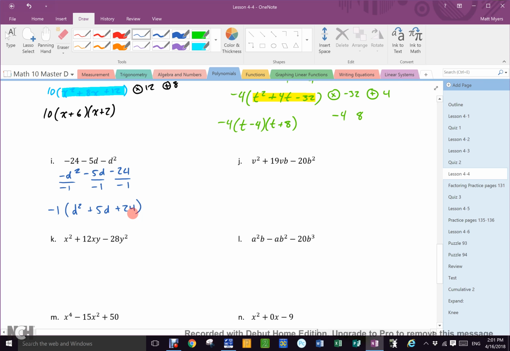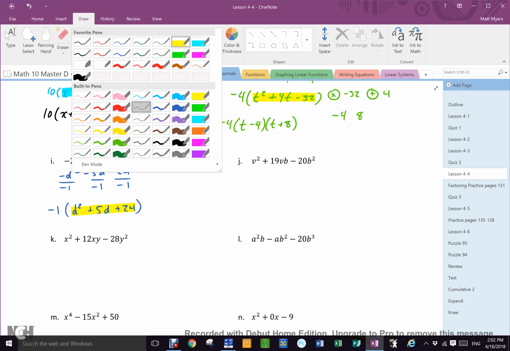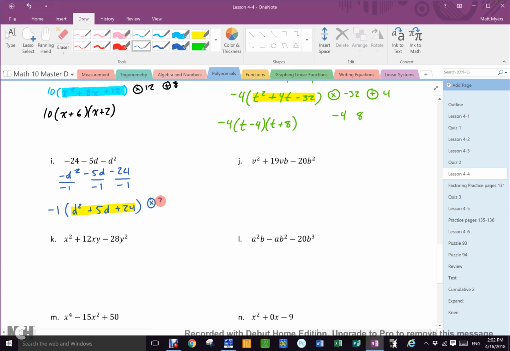Correct? Then I say to myself, self, that looks suspicious. So I check. Are there any numbers that multiply to 24 and add to 5? Everything in here is positive.